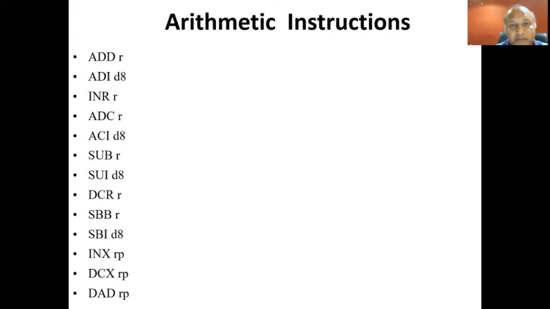When we perform addition ADD R, by this instruction, the data given in the register is added with the data of the accumulator, and the answer is also stored in the accumulator.